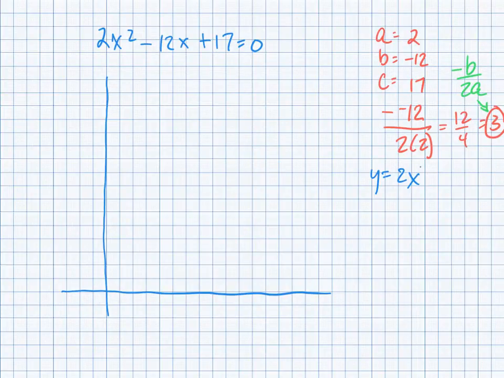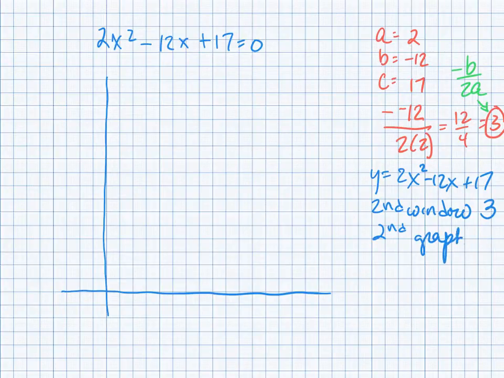Now we put that in the y equals screen and hit second window and type in a 3, and then second graph, and then go up until the 3 point is in the middle of your screen, and plot as many of those points as you need to show where it hits the x-axis. So we graph the points until we get a U that crosses over the x-axis, or it shows clearly that it doesn't.